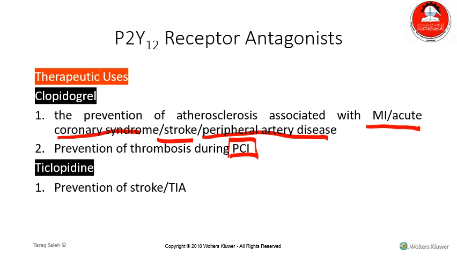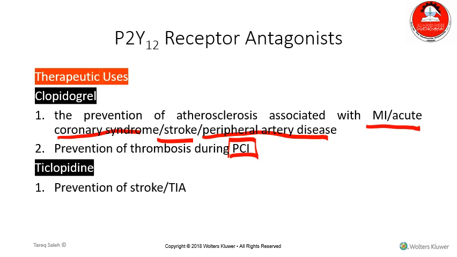Stroke and TIA are two different things, but commonly they refer to them as jalta dimaghiya. Of course, jalta dimaghiya refers to stroke or cerebrovascular accidents. TIA is a less severe form of the stroke. That's why ticlopidine is useful in preventing these events in patients who are at risk.